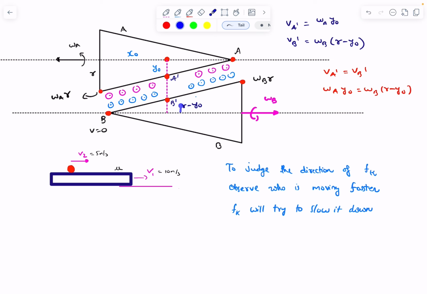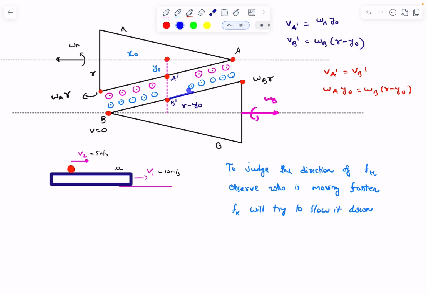Why? Because these points are further away from the axis, right? For example, if I take this particular point x over here and the corresponding point x on the cone A, this point has a larger velocity than vb dash, and this x point has a smaller velocity than va dash. And va dash and vb dash were equal, which means this x point has a greater velocity than this point.